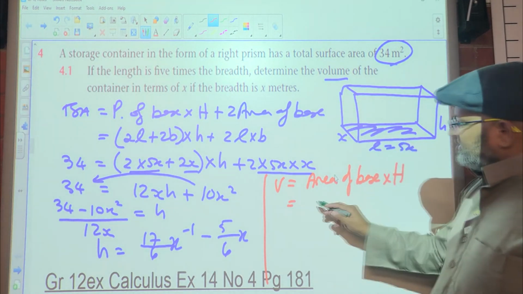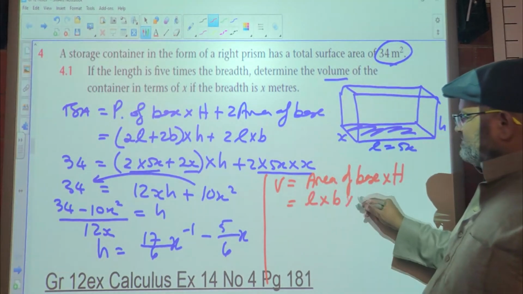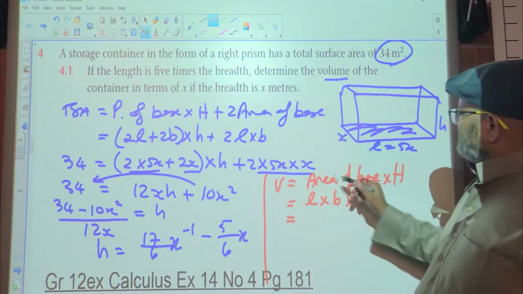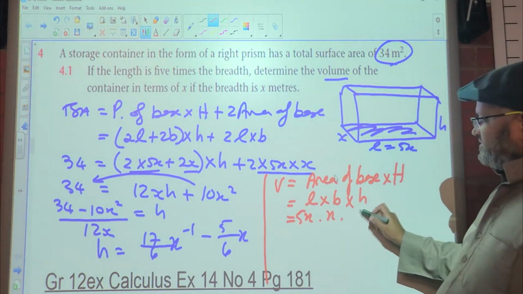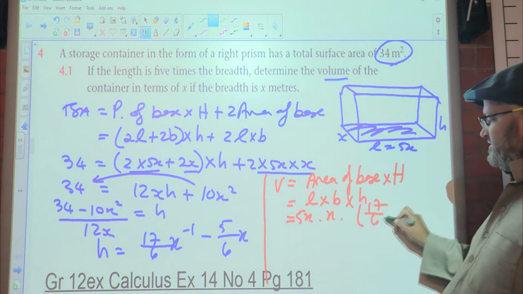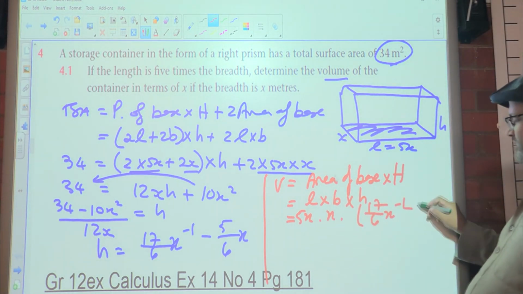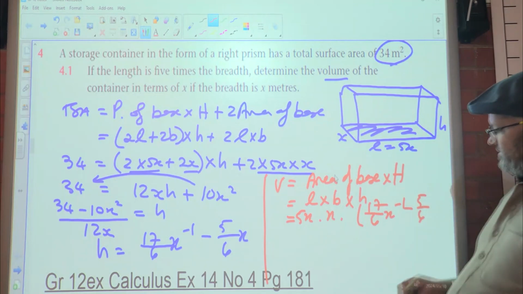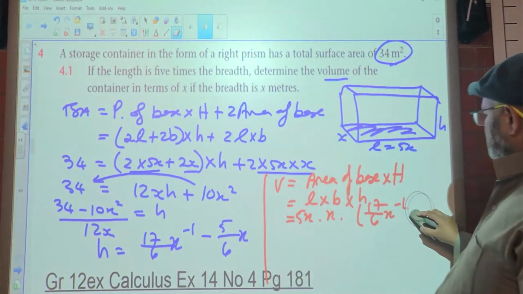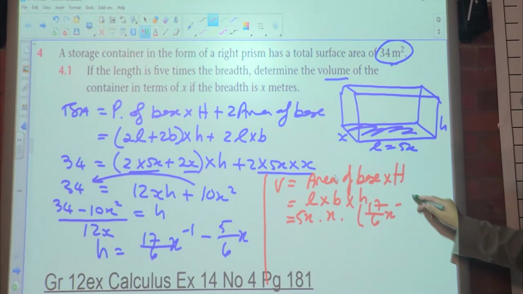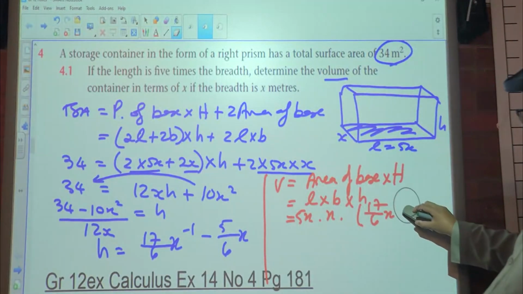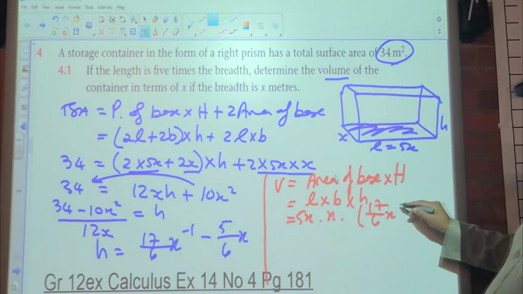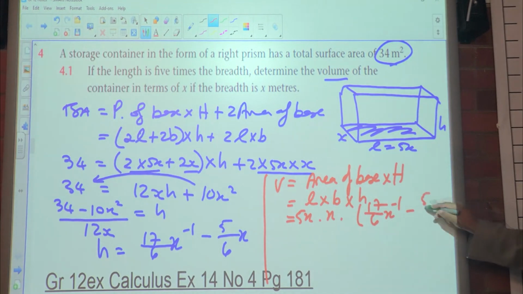So the volume is going to be length times breadth times height. My length of course is 5x, my breadth is x and my height is of course 17 over 6 x to the minus 1 minus 5 over 6 x.